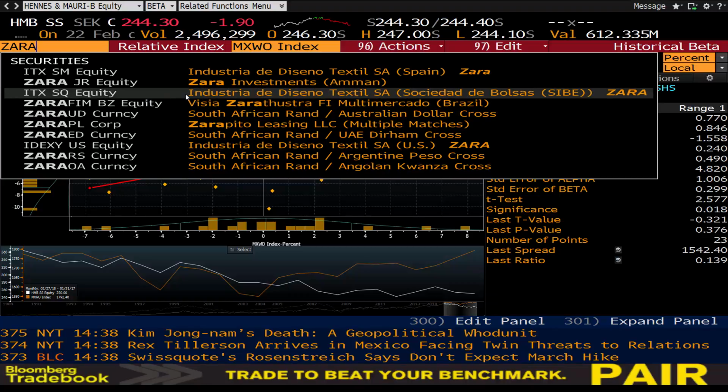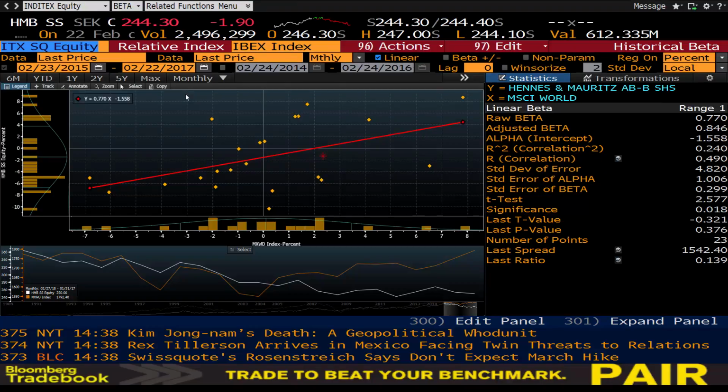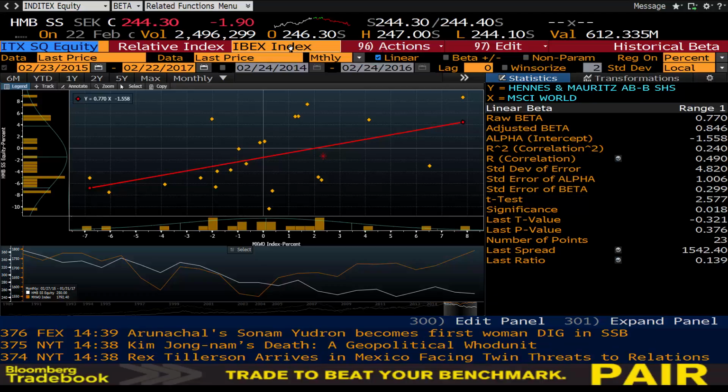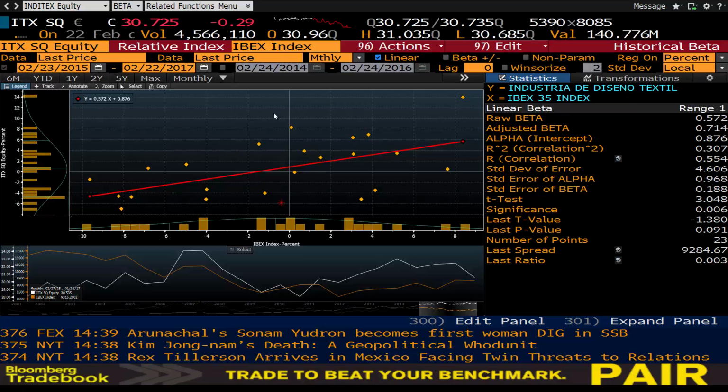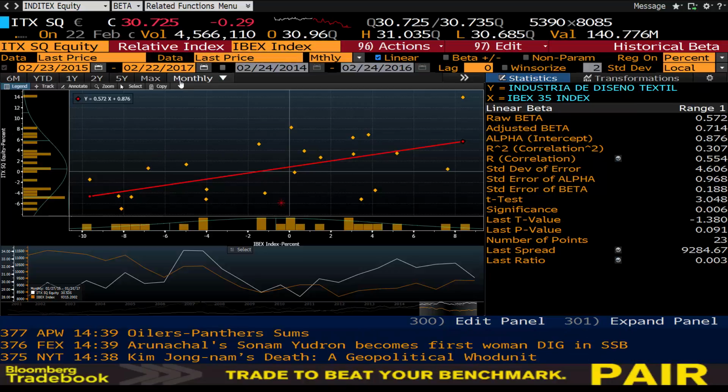So once I've selected this one, everything in front of you will be re-estimated for you. It might take a short amount of time. You might need to press enter. I can now see that it's been re-estimated for me. I can see that the relative index has changed. The last price is still monthly that I had before, and so on. I can see that the raw beta here is 0.572.